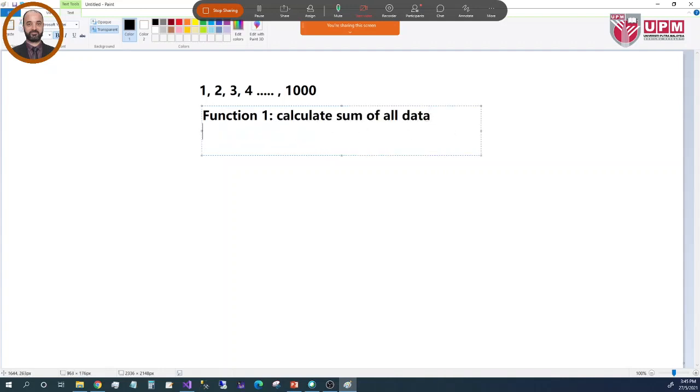Then function 2 is to calculate the factorial of all data, right? Okay, is there a relation between the first function and the second function?